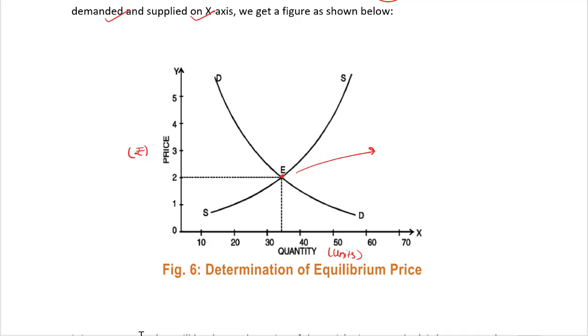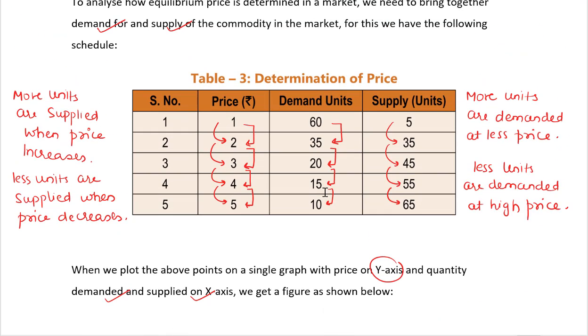This price is known as the equilibrium price, where demand and supply are equal. This quantity is known as the equilibrium quantity, and this is the equilibrium price. What is the equilibrium quantity?